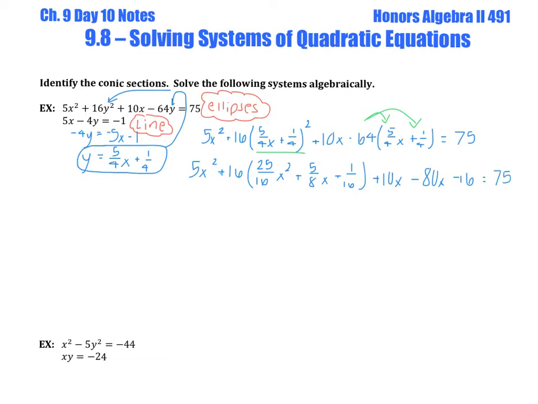So that's not too bad. Now let's do our distributing into your FOIL term. Should get plus 25x squared plus 10x plus 1. That actually is very nice.